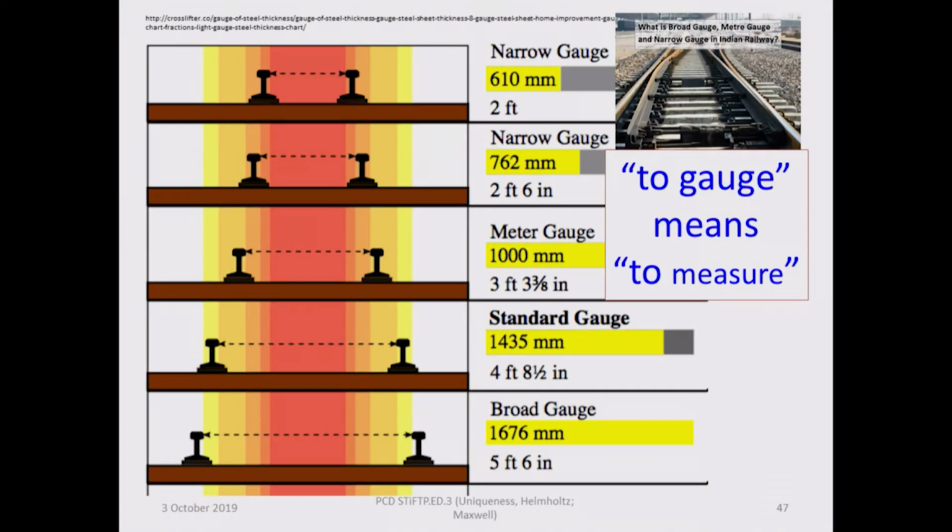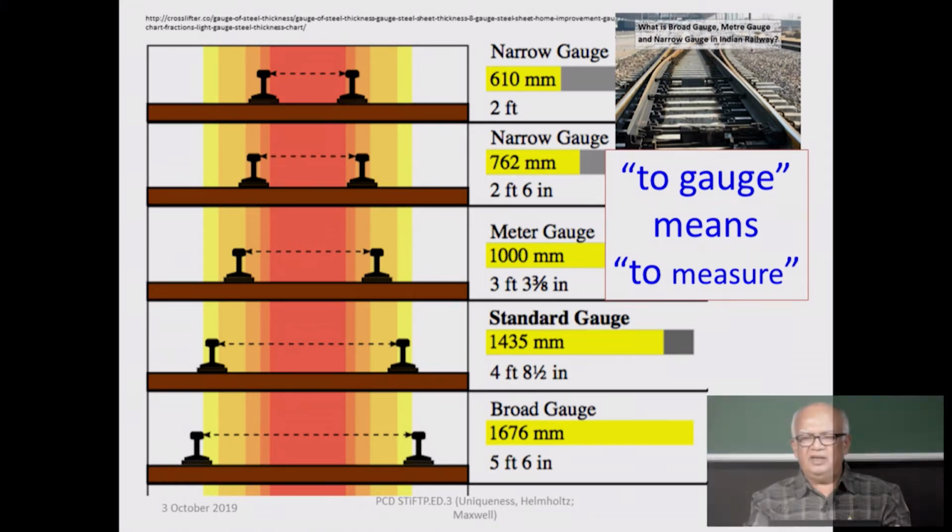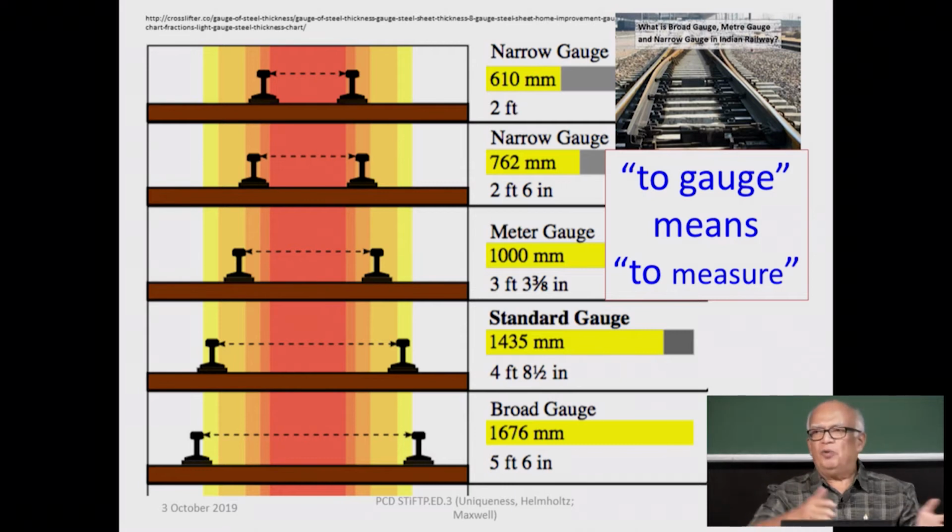So what are gauge transformations? You know what is a gauge? Gauge means to measure. And in the railways, for example, in India, you have got the narrow gauge, you have got the meter gauge, you have got the standard gauge, then you have got the broad gauge, right? And these are different measures of the distance between the two rails. And no matter what gauge you are using, you can go from one point to the other. So it's the same kind of thing that we were talking about, that no matter what potential you use, you will achieve getting the same fields, right?